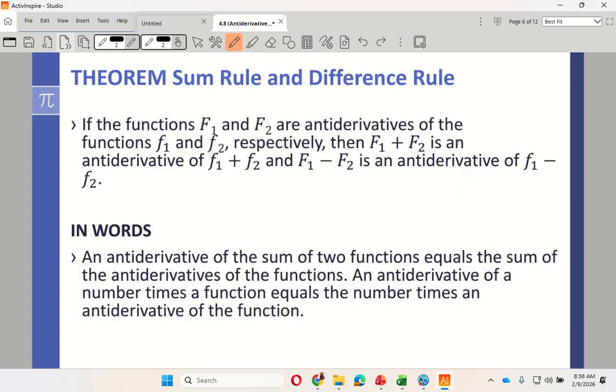All right, functions F1 and F2 are antiderivatives of the functions f1 and f2 respectively. Then F1 plus F2 is an antiderivative of f1 plus f2, and F1 minus F2 is an antiderivative of f1 minus f2. An antiderivative of the sum of two functions equals the sum of the antiderivatives of the functions. An antiderivative of a number times the function equals the number times the antiderivative of the function.